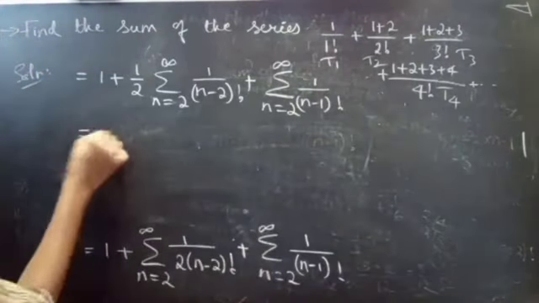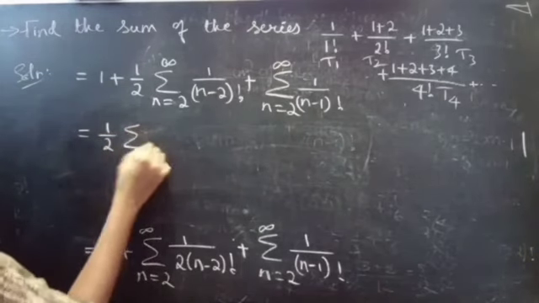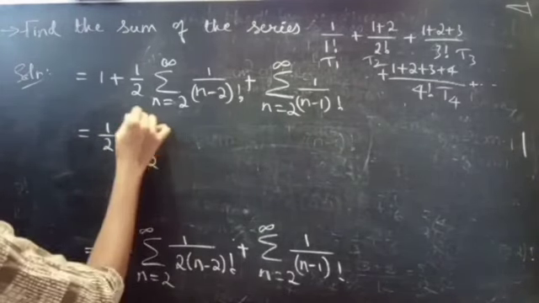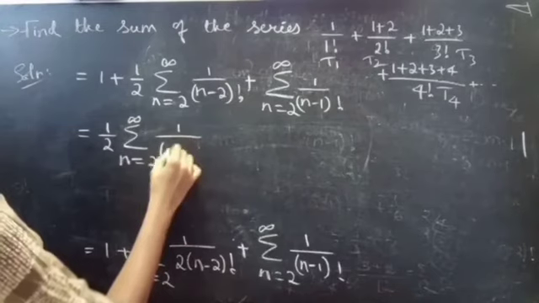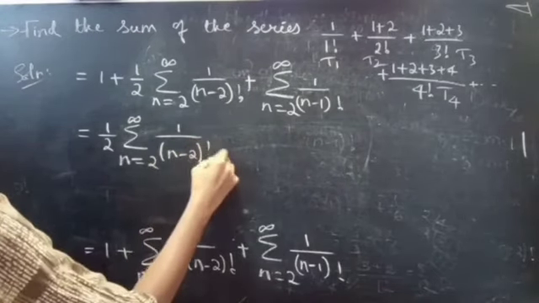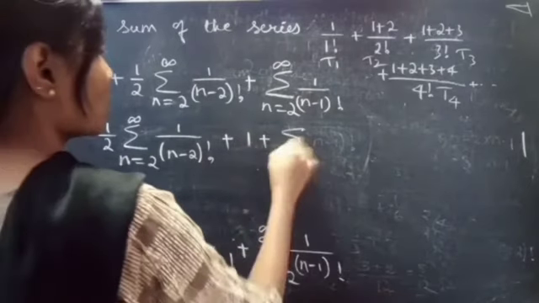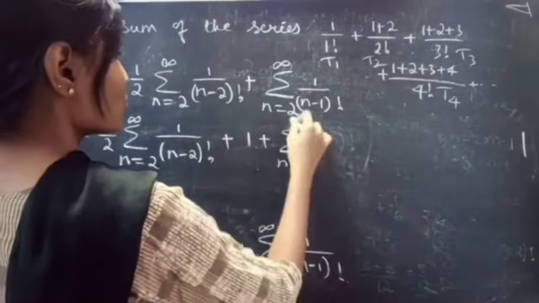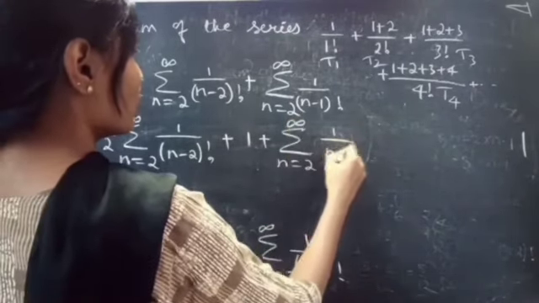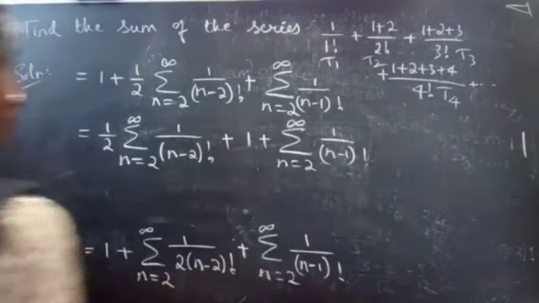So I could write it as 1 by 2 into summation n equals 2 to infinity of 1 by (n minus 2) factorial plus 1 plus summation n equals 2 to infinity of 1 by (n minus 1) factorial. Okay.